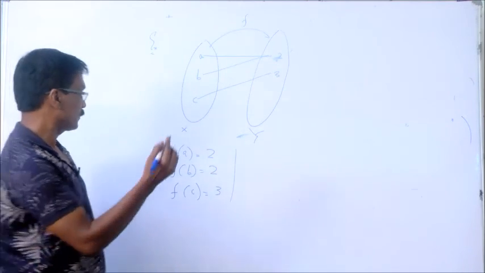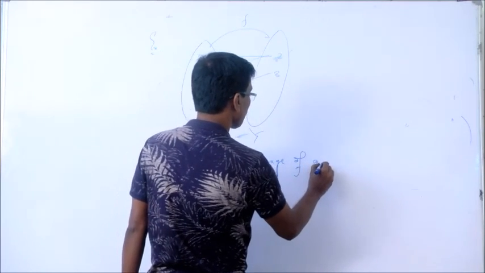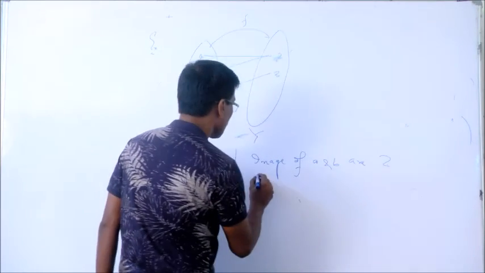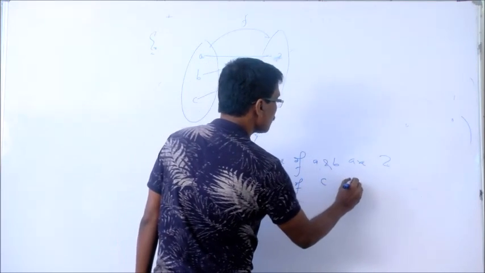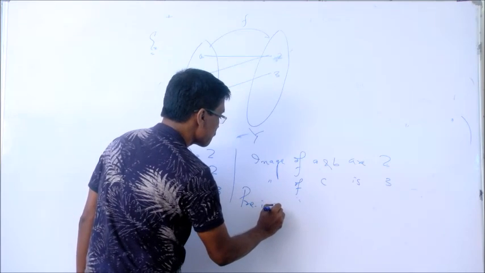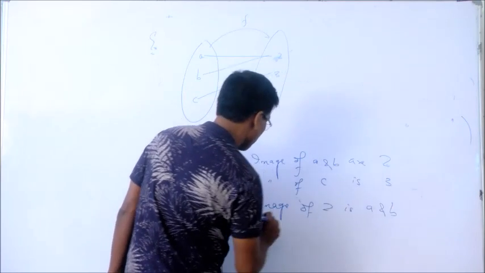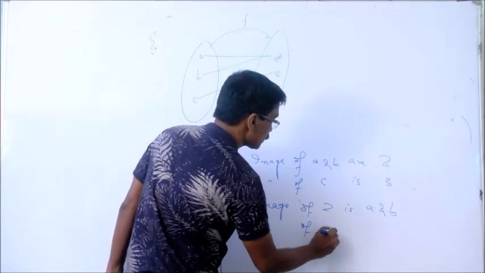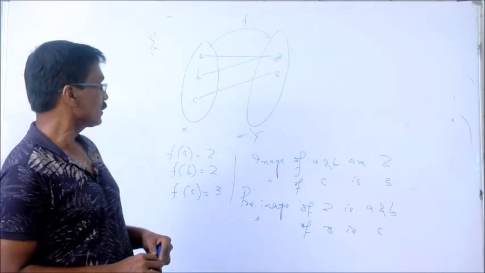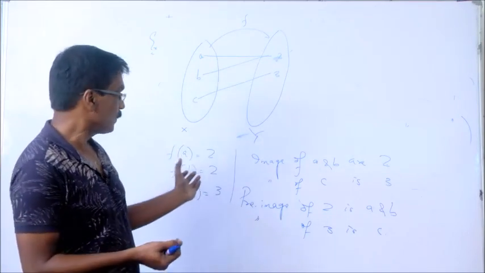So, we have the image of A and B is 2 and the image of C is 3. Similarly, the pre-image of 2 is A and B and the pre-image of 3 is C. So, we have function, its domain and range, then we have image and pre-image.